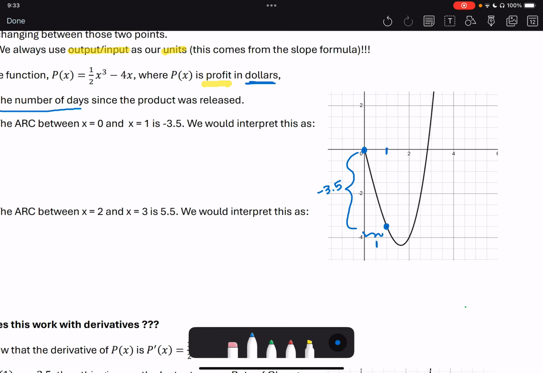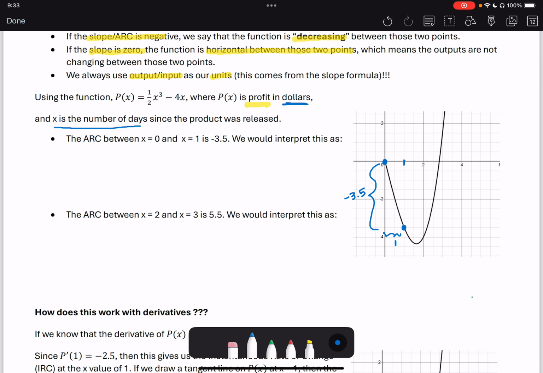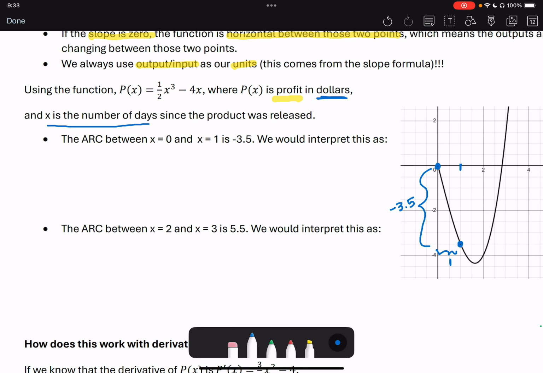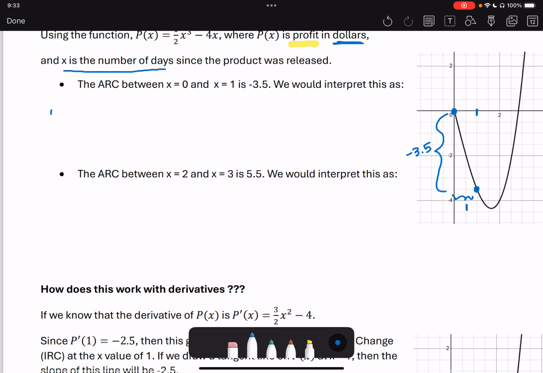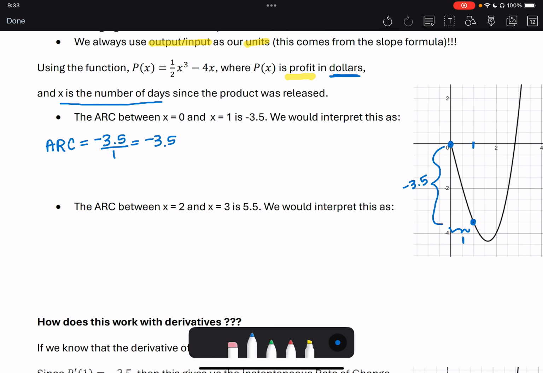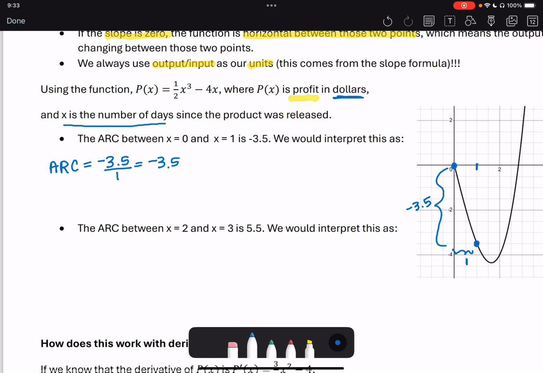So my average rate of change is the rise over the run, the change in the outputs compared to the inputs. So my ARC here is going to be negative 3.5 over 1, which is just negative 3.5. We could have also found the average rate of change by plugging into the function.